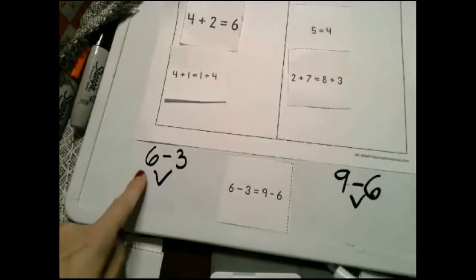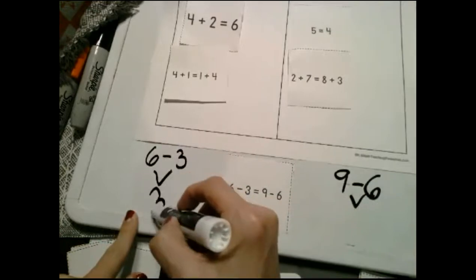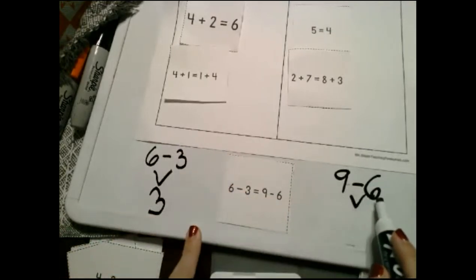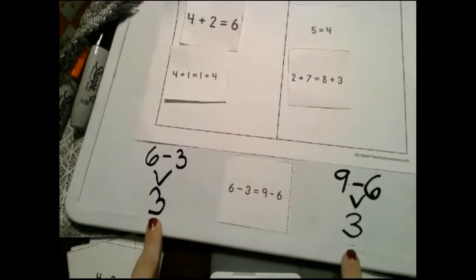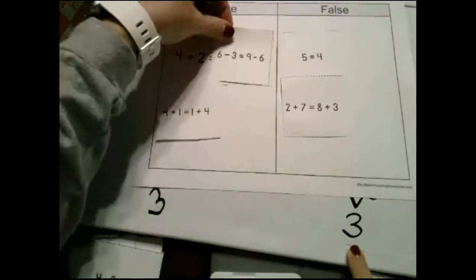Great job, guys. If I had 6 and I took 3 away, I would have 3. If I have 9 and I take 6 away, I would also have 3. So is 3 the same amount as 3? Yes. So this one would be true.